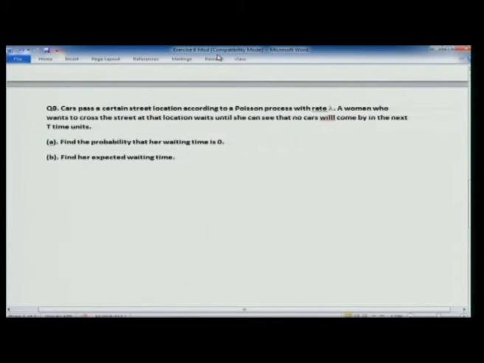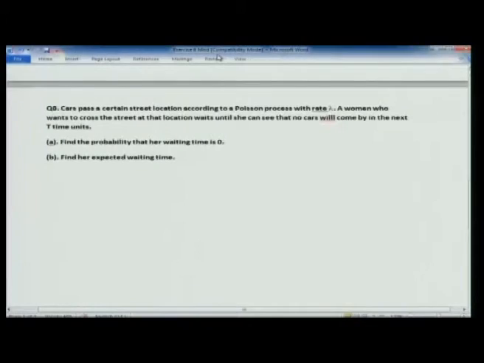She is standing at this particular place, looks at the side and sees that for quite a distance she cannot see any car coming, then she will feel free to cross the street, and that time according to her is t time units.